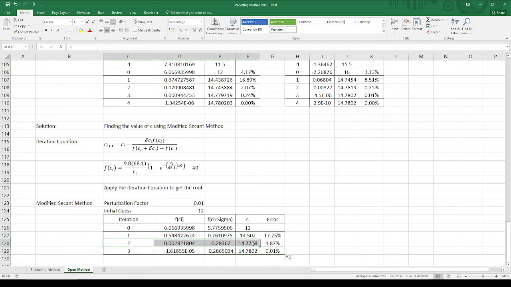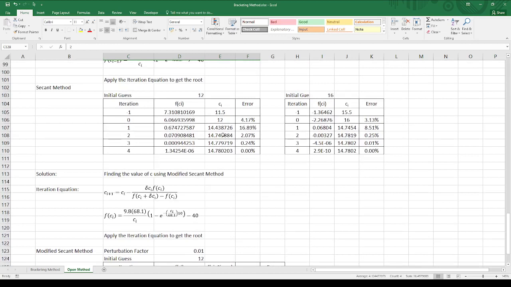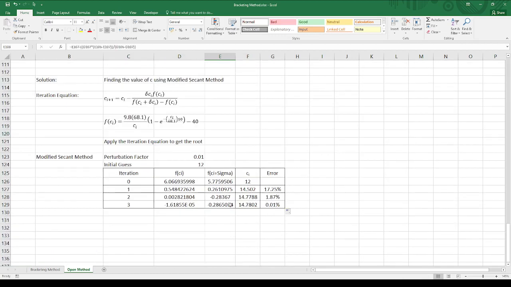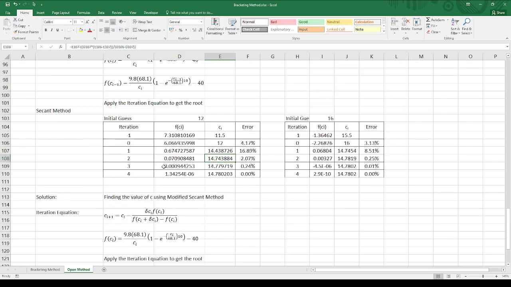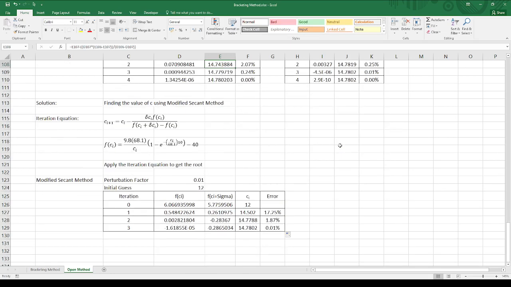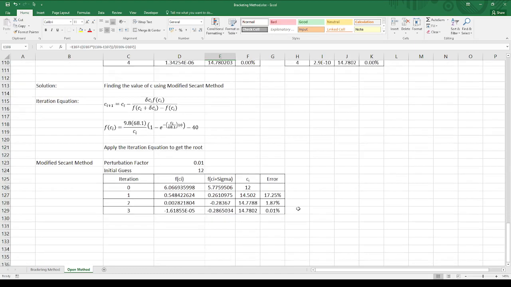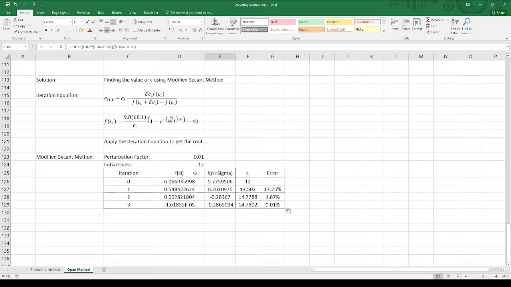At the second point of iteration, we did manage to get 14.77. So more likely the computing here is less, because we have second method at second point we got it too, but there are two initial guesses, so meaning there are still many solutions, but for the modified secant method we did manage to get less solution.